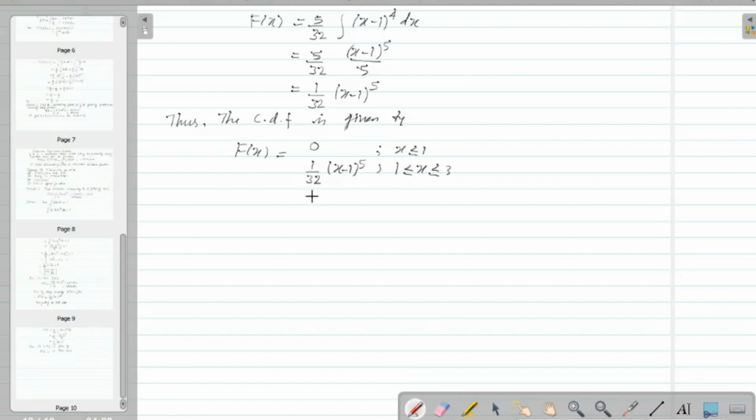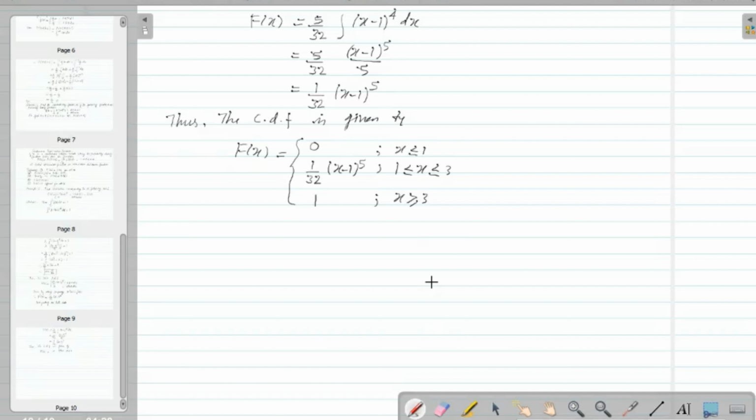And what is the maximum value of probability? The maximum value is 1. When your limit extends beyond 3, that is x is greater than or equal to 3, you will get the maximum value 1. So this is your cumulative distribution function.